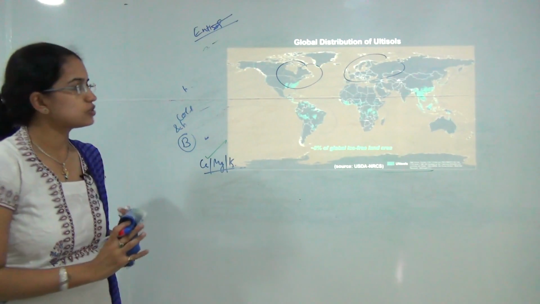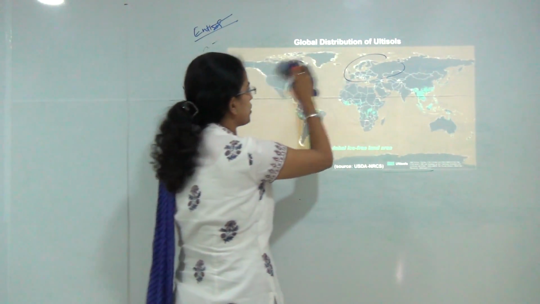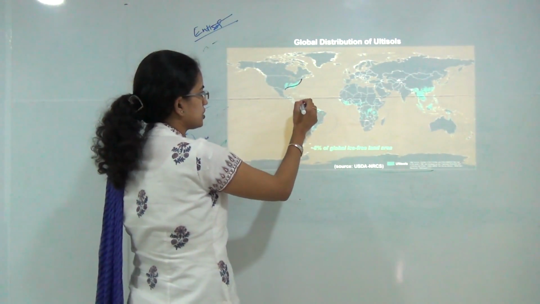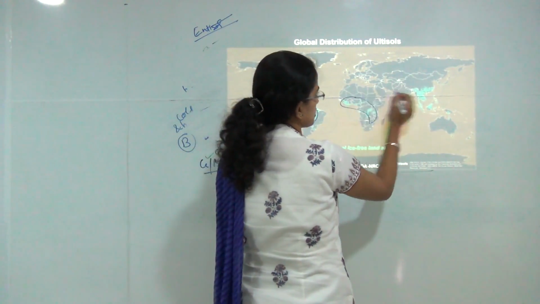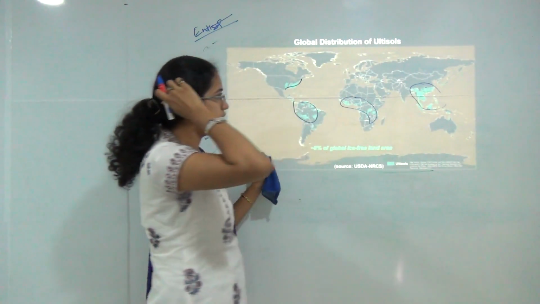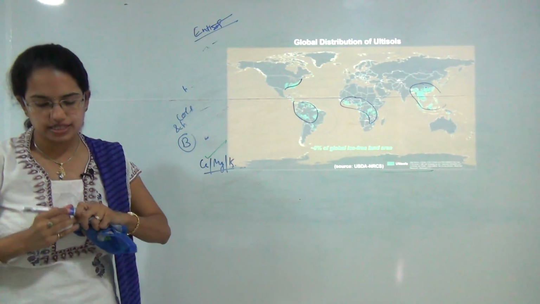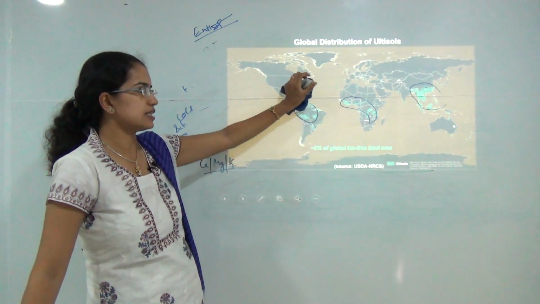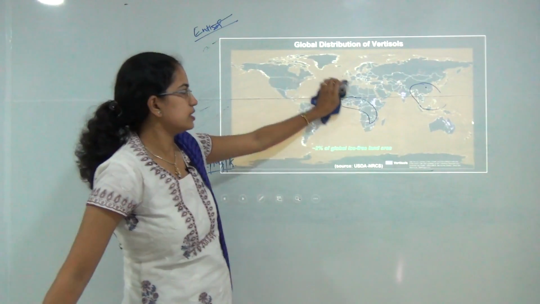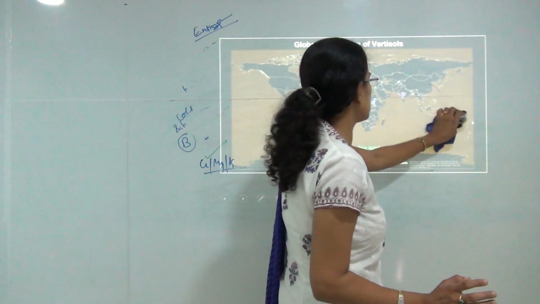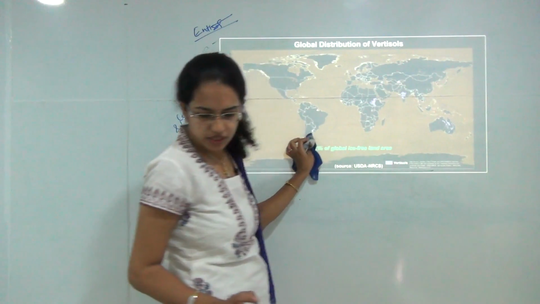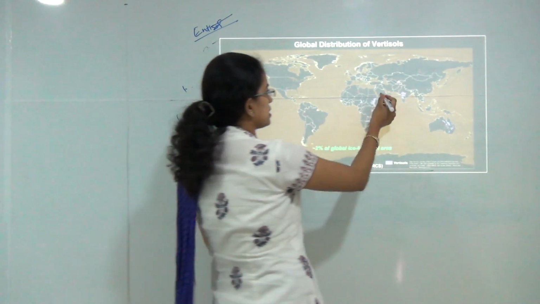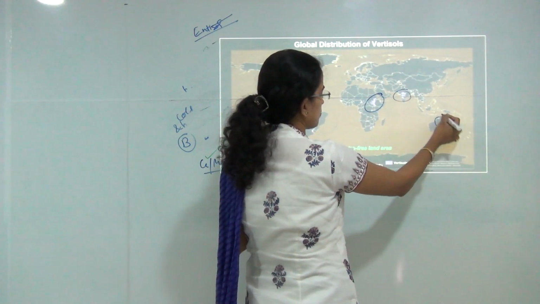Then you have Ultisols. It's a highly leached soil. So around the margins, around the oceanic belt, you have the formation of Ultisol soils. It has iron oxides, then calcium, magnesium and potassium oxides as part of Ultisol soils. And finally you have the Vertisol soils where there is no leaching and there is a high change in moisture content.